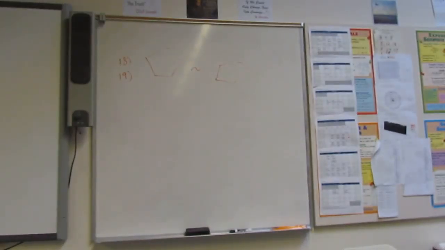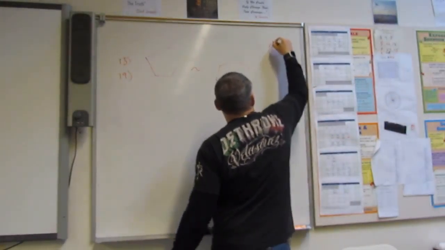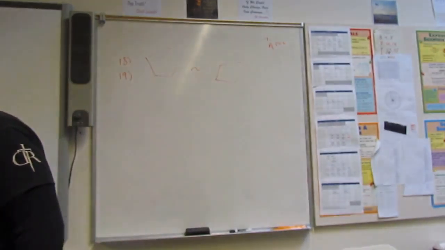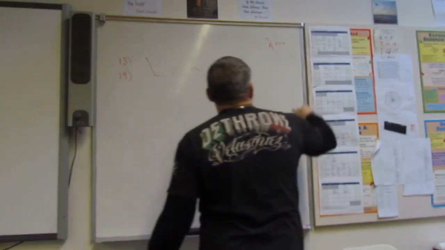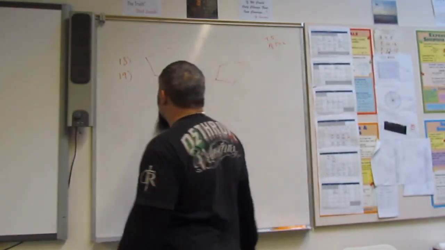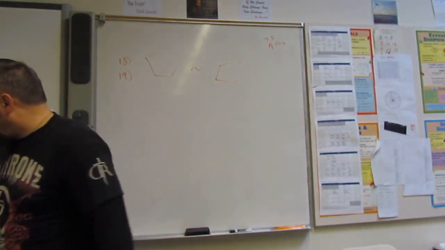So with 18 and 19 on page 506, what is this, 7.5? 7.6, 7.5? We're dealing with similar shapes, and in this case they happen to be polygons.